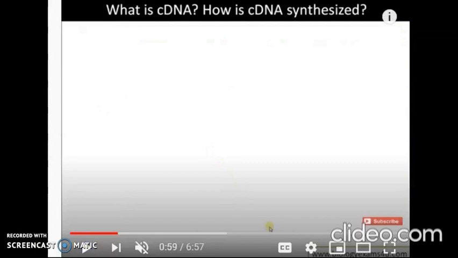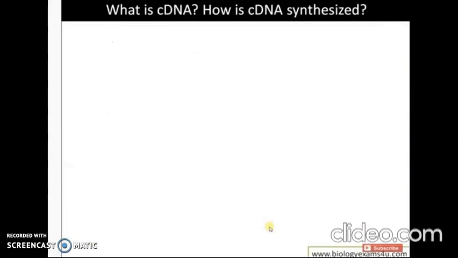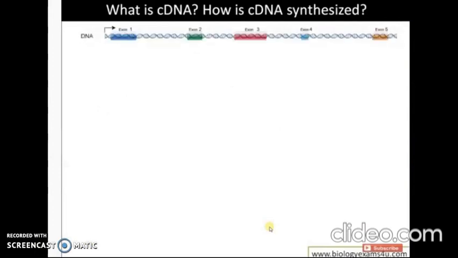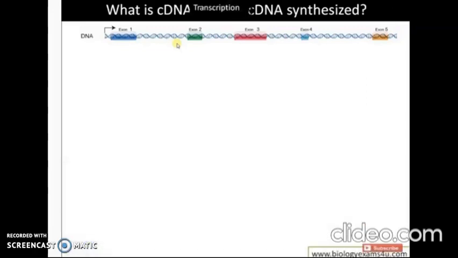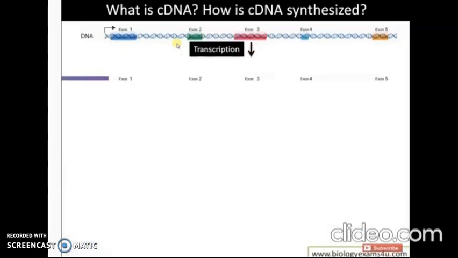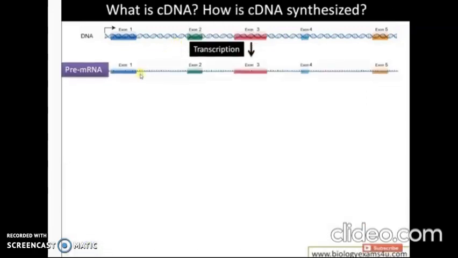As we all know, a eukaryotic gene consists of coding and non-coding regions. During transcription, both coding and non-coding regions are transcribed, forming a pre-mRNA with both exons and introns. Exons are the expressing sequences that are translated to proteins.